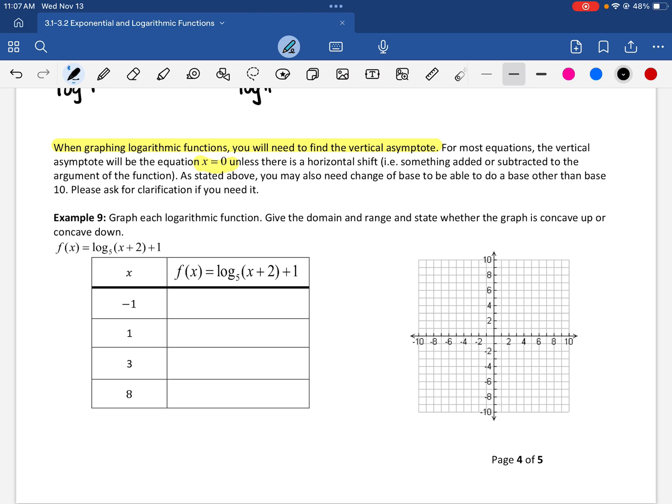That would change your vertical asymptote. As stated above, you may also need to change of base to be able to do a base other than base 10.